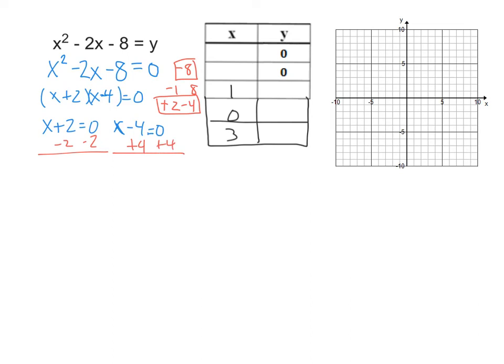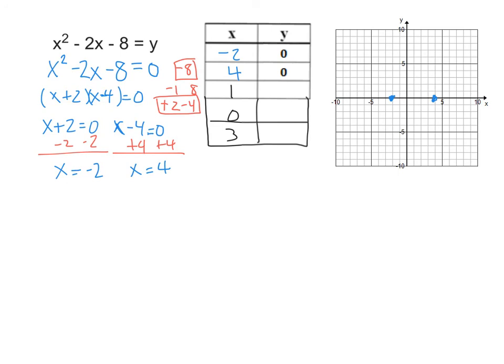You should have done this on your own already, I hope. And we get -2 and +4 for our two x-intercepts. When the y value is 0, these are our x-intercepts. And if we graph those, you would notice that. So -2, 0 is right here, and 4, 0 is right here.